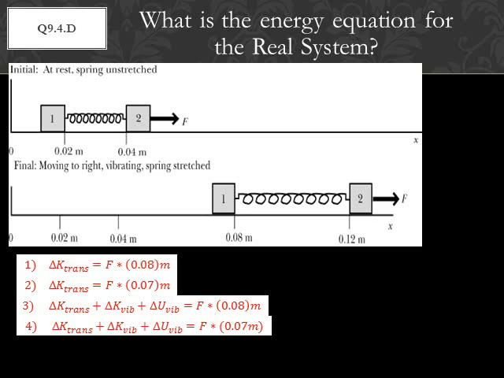So now, what is the energy equation for the real system? Let's help us figure this out. We know the work done by the external force was F times 0.08 meters. So that eliminates answer 2 and answer 4.